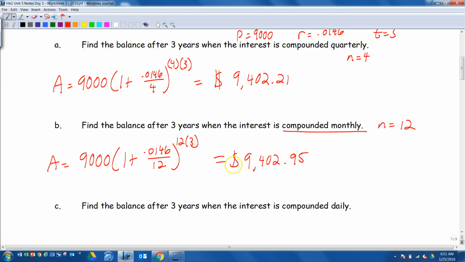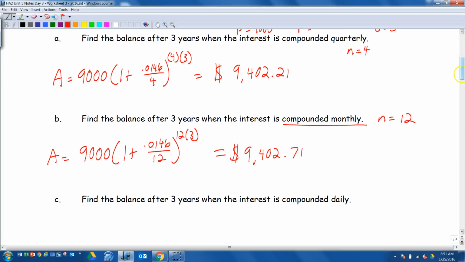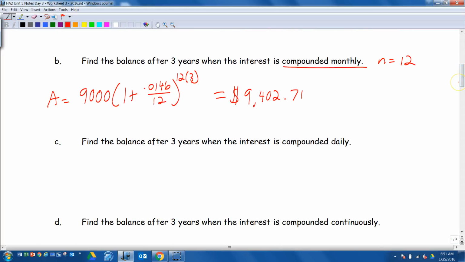So it doesn't change it much. You earn a little bit more. Oh, nope, I was looking at the wrong one actually. It should be 71 cents for this one. So not even enough there. You earn about 50 cents more by compounding it monthly versus quarterly. And that's because the interest rate is pretty low.